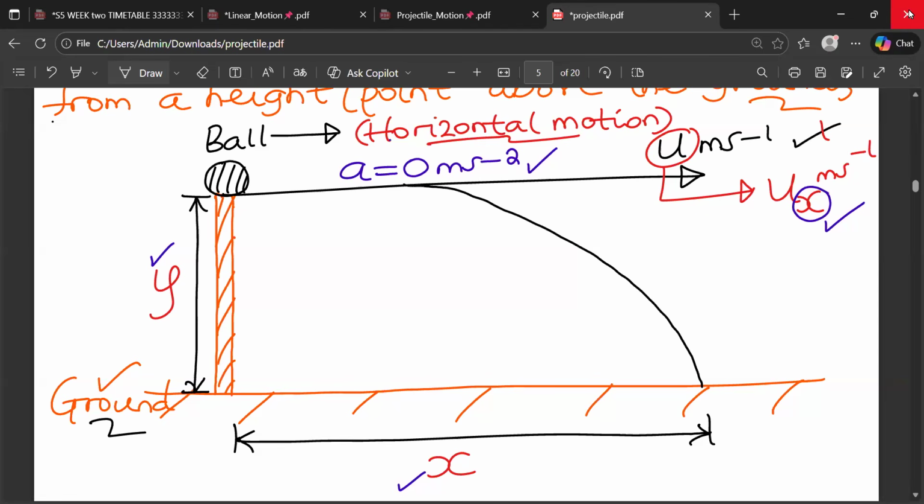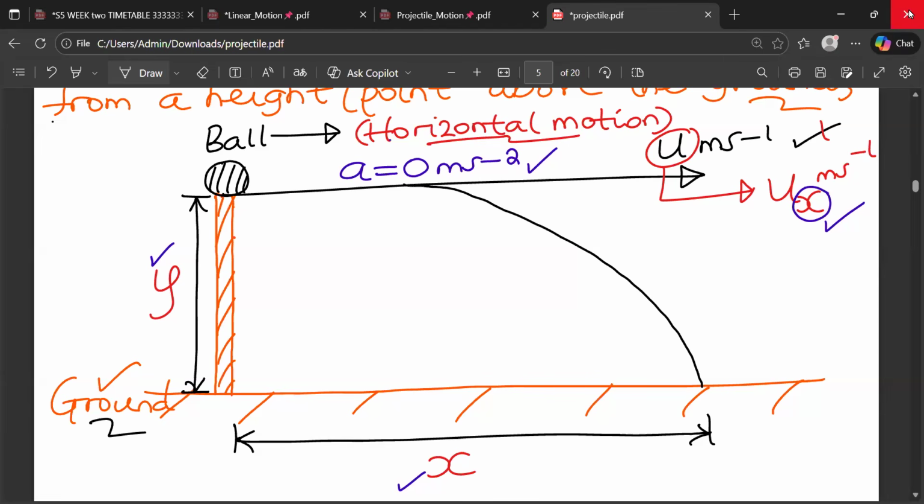Let me be more specific before you answer. What is my vertical velocity initially?